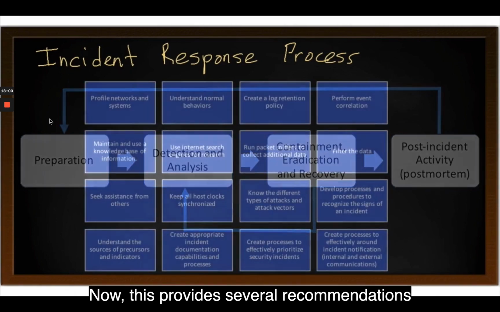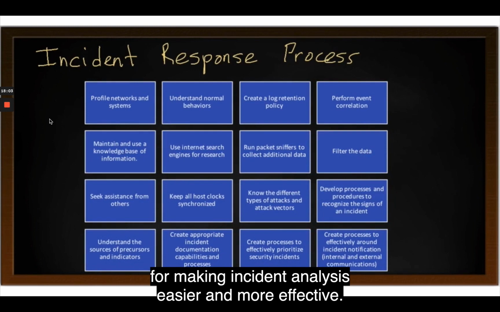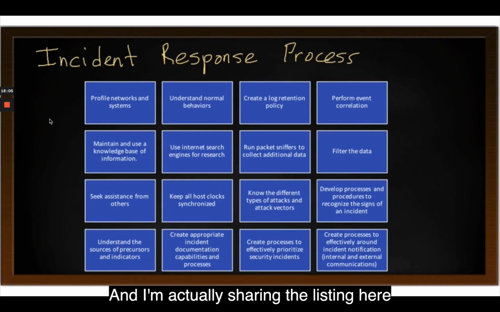Now, NIST provides several recommendations for making incident analysis easier and more effective, and I'm sharing the listing here.